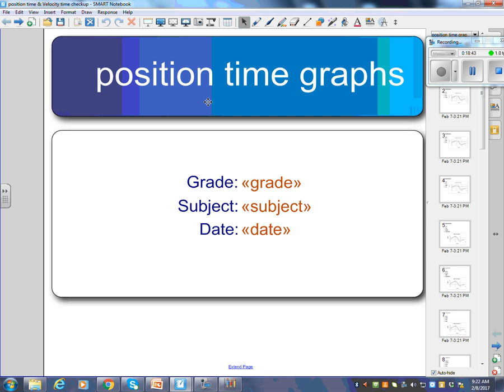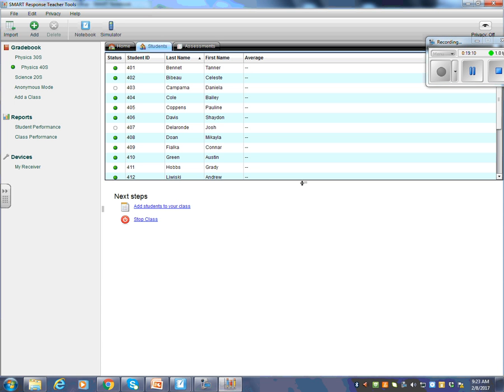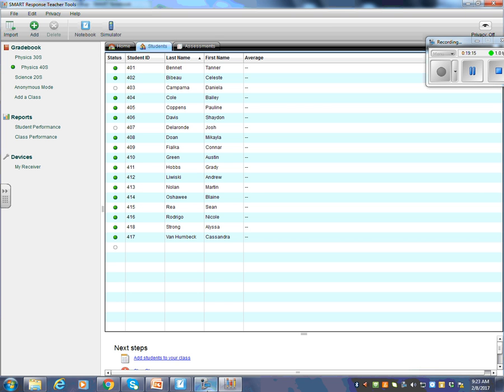Put in the number. Type in your number. All of yours start with a 4 because of 40S. Austin, did you get logged in? Okay, all right, so it looks like everyone is in.